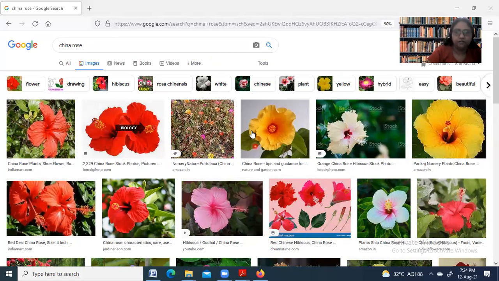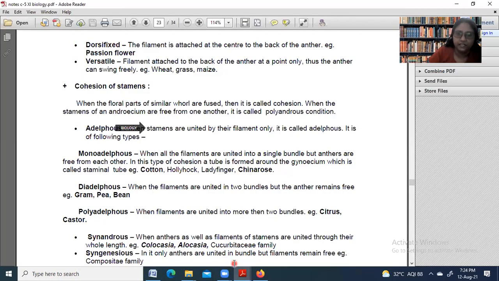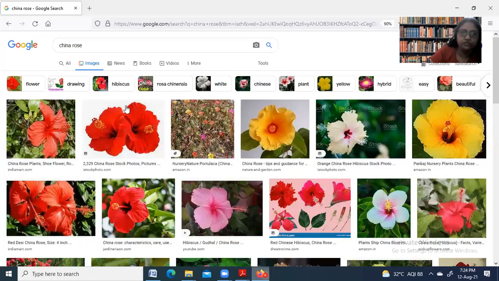That's why, single bunch. Adelphi means attraction or attachment. Single bunch, that's why we call them monoadelphous. Next is diadelphous. In this case, filaments are united into two bundles. So I wish to show you gram flower.